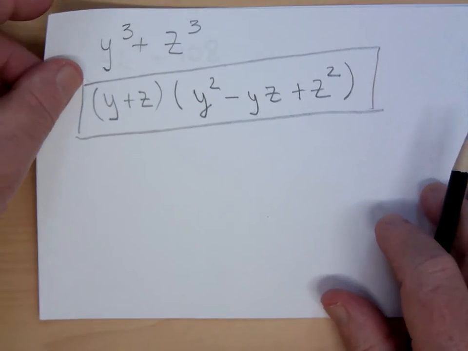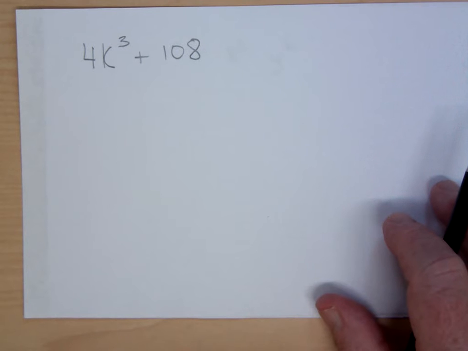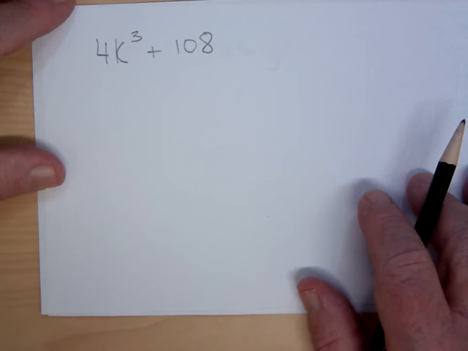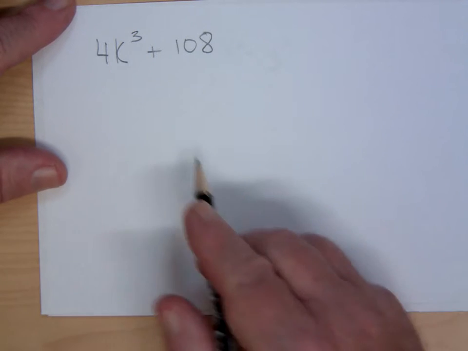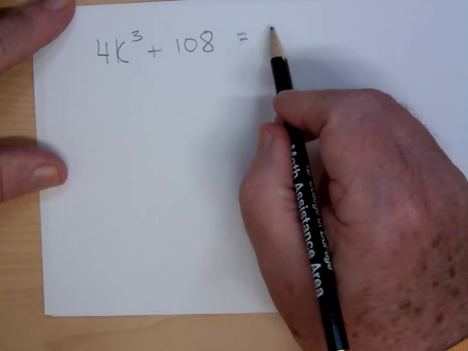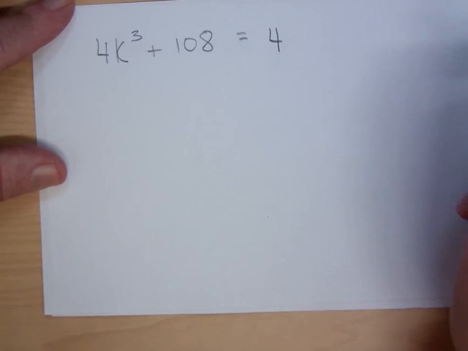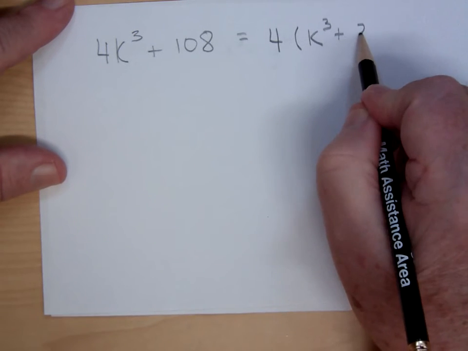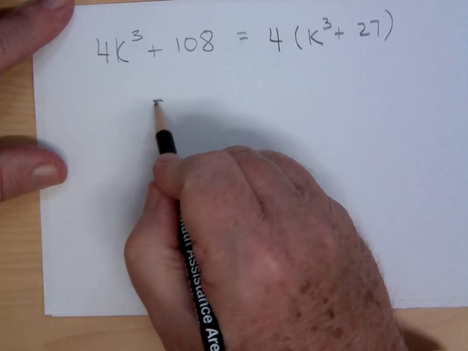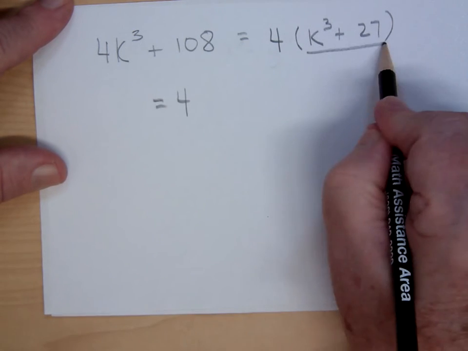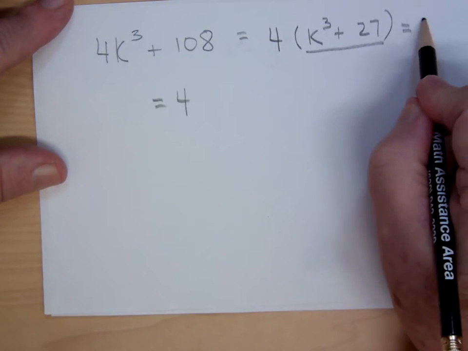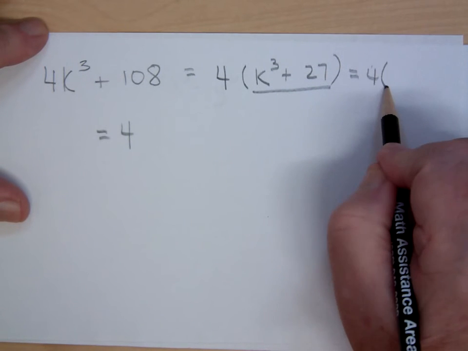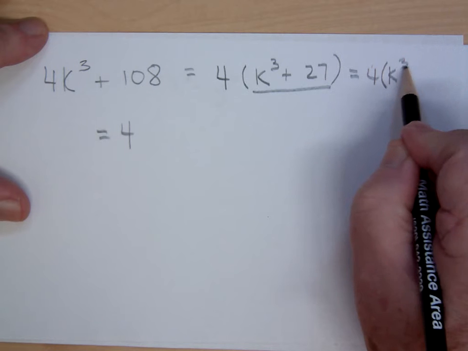Now, sometimes you can do multiple techniques. For example, the first thing you do in a factoring problem is factor out the greatest common factor, and that's the first step we will do here. So we'll factor out a 4, and then we'll have k cubed plus 27. So then this would be 4 times k cubed plus 3 cubed.